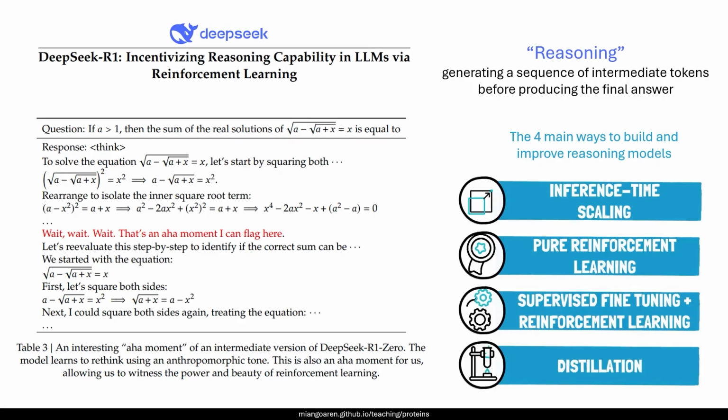And obviously, DeepSeek achieved these reasoning capabilities in a particular way, but it's not like there is just one. In fact, we can catalog multiple algorithms that can generally be classified into four broad categories that can be executed in order to obtain a model capable of reasoning. One would be scaling during the inference of a response.